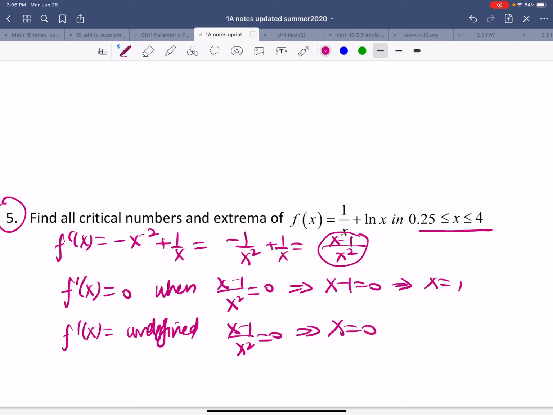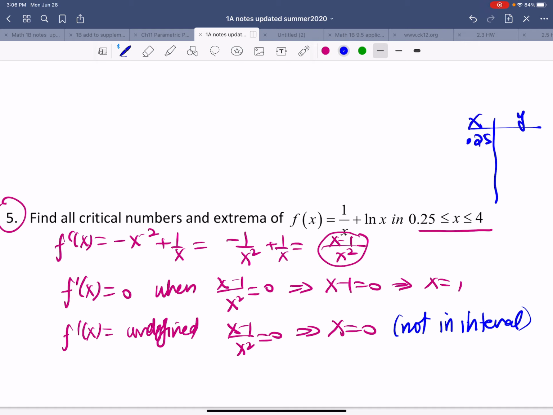Now this is not in the interval, although you may have a max or min at x equals 0, but not in the interval that we are looking for. So I'm going to ignore x equals 0 and go ahead and make a table.